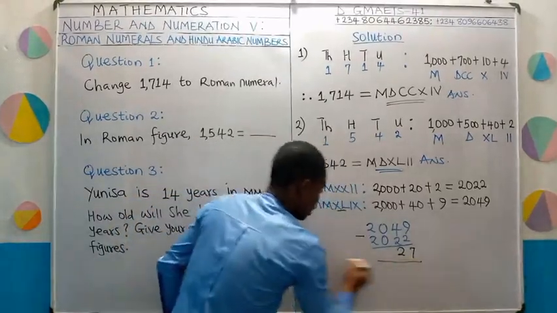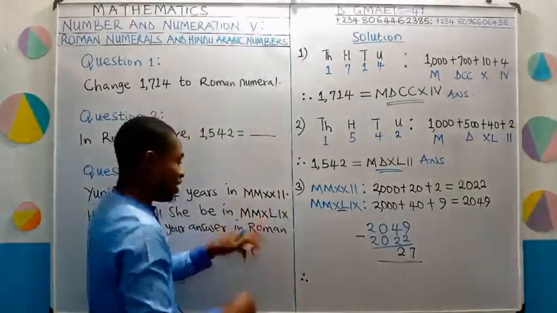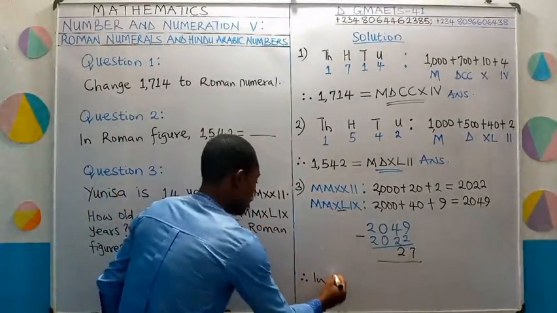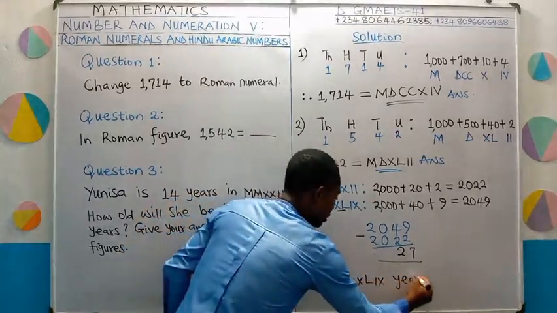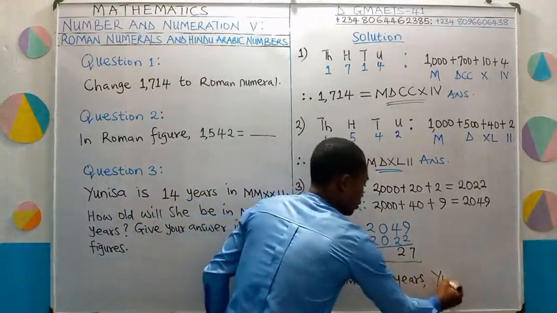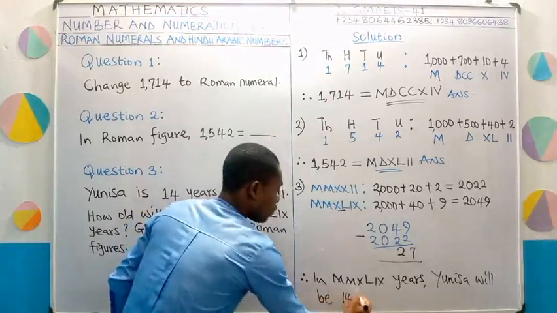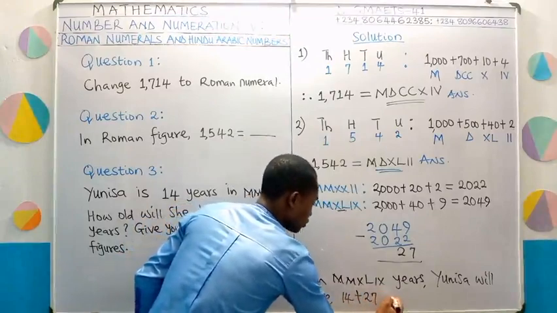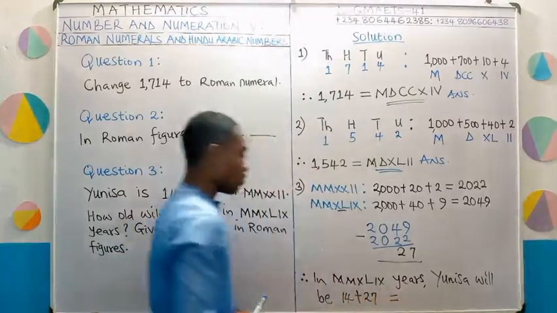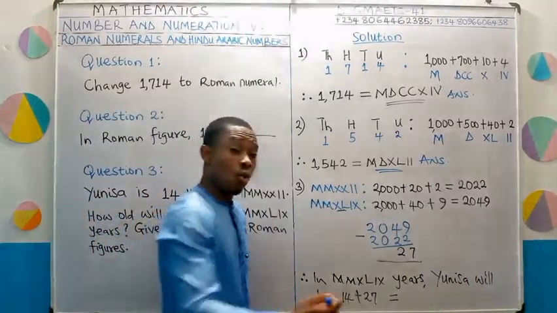Therefore, I'll now make a conclusion. In the year MMXLIX, Unisa will be 14 plus 27 years. If you add up 14 plus 27, you're going to get 41.